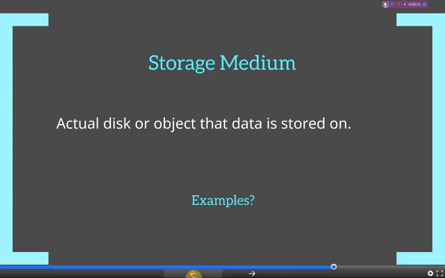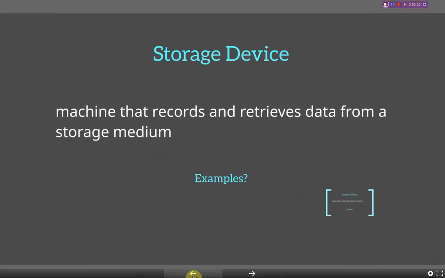So now let's backtrack. A storage device are the things that read the storage medium. So what do we use to read an SD card? Your memory card reader. Okay, so a memory card reader is a storage device. There's also a port on the side of your computer that we can stick our memory cards in.